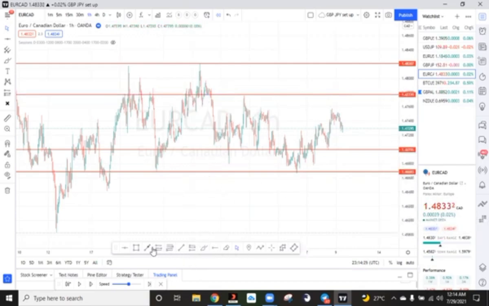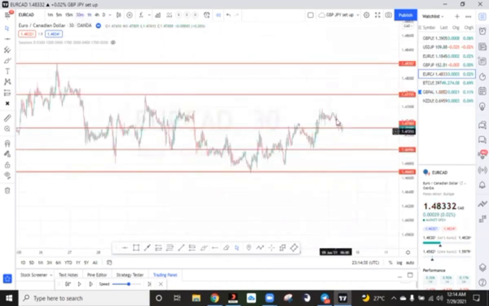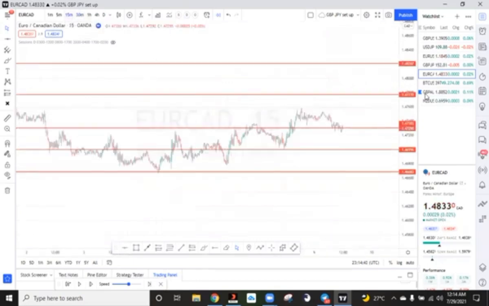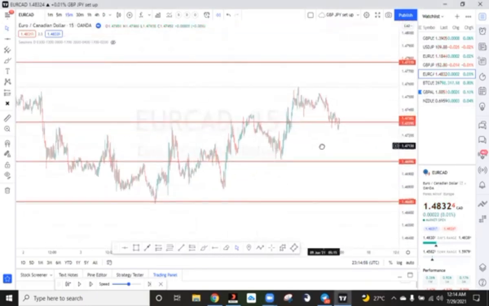Another obvious support I can see here too. So we'll go to the 30 minutes time frame. No need for 30 minutes, we'll go to the 15-minute time frame. All right, in the 15-minute time frame, we zoom it out like this.